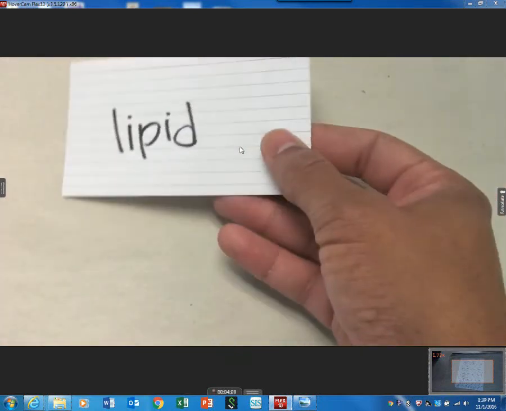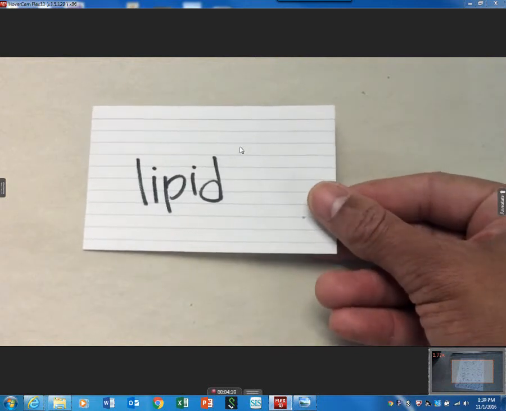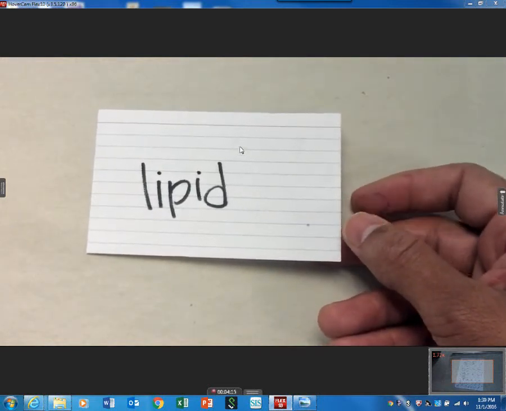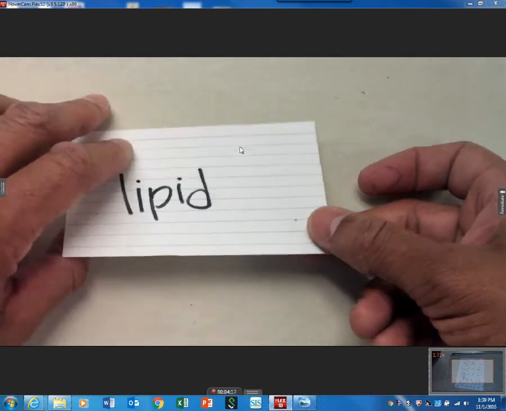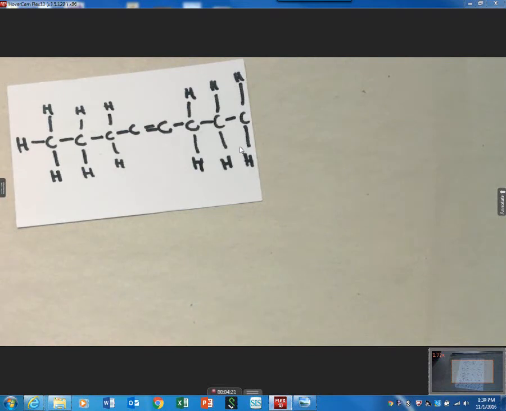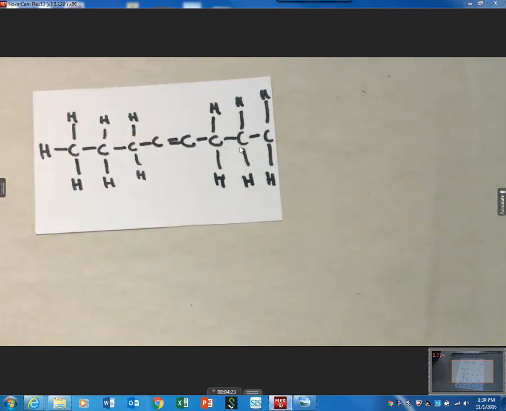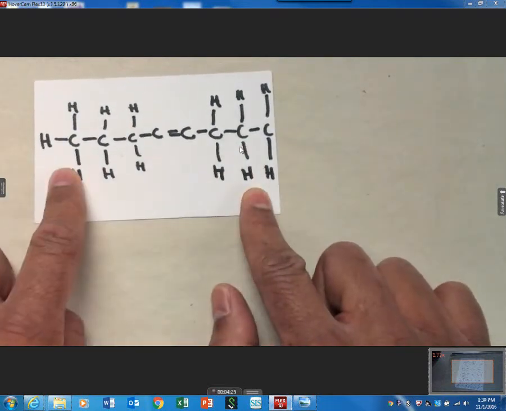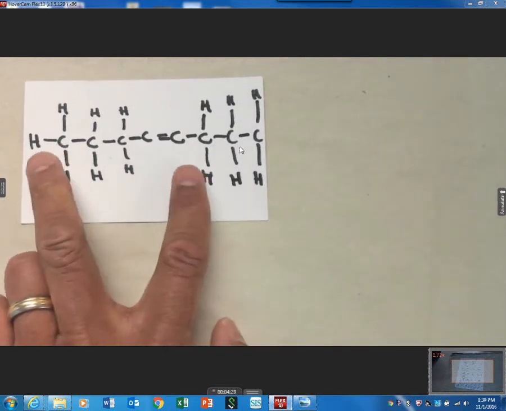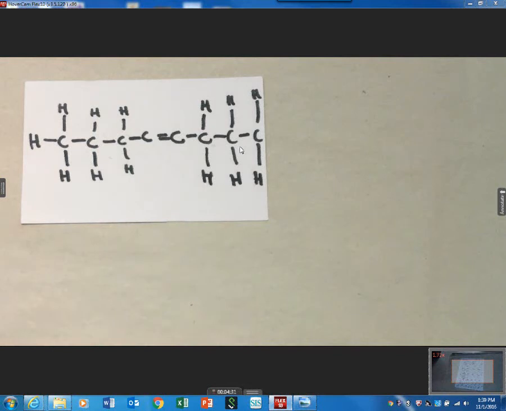Hey, they asked about a lipid again. Seeing she made lipid before, this probably isn't asking about the elements. Oh, molecular structure is something you have to know. Those who said glycerol fatty acid, that's true. This is actually the fatty acid part, and it is unsaturated. How do you know? The double bond. Wait, double bond means unsaturated?